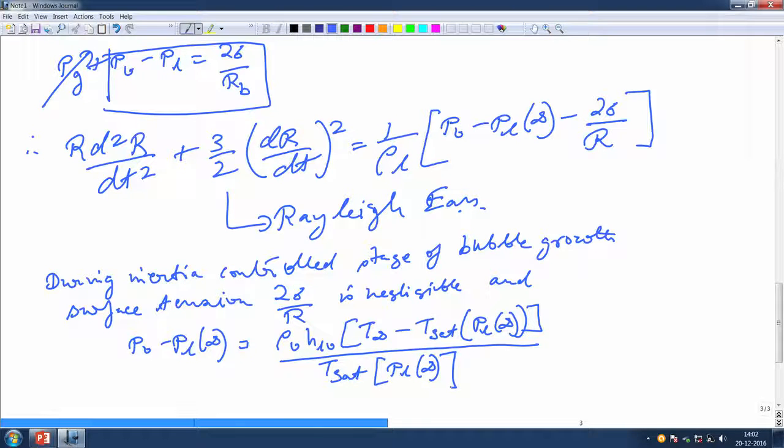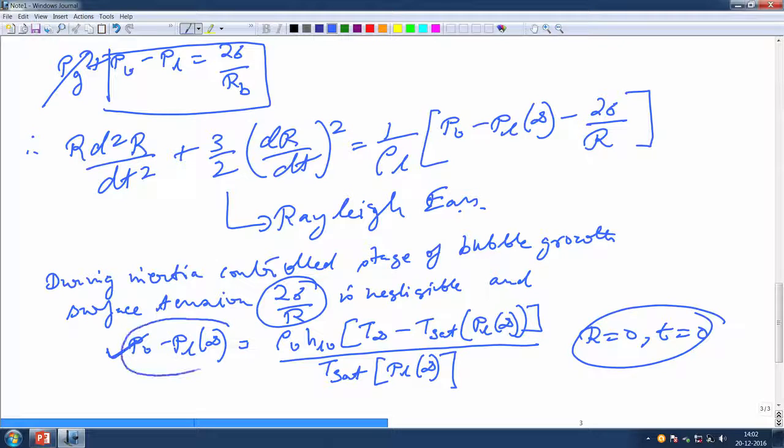That is the expression. The initial condition over here is basically R equal to 0 at t equal to 0. So, these are the two expressions that we see: this is negligible and this is a function like this. Now we substitute this expression in this particular system, and we neglect the surface tension term.